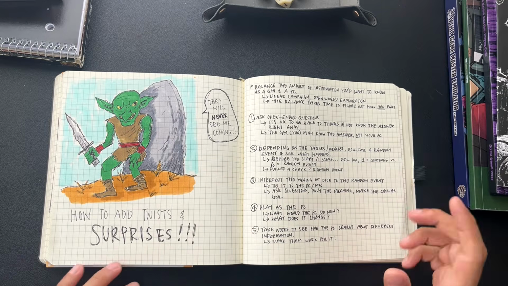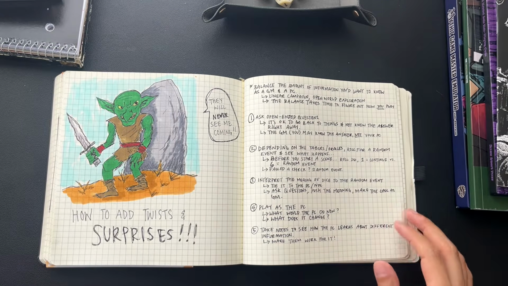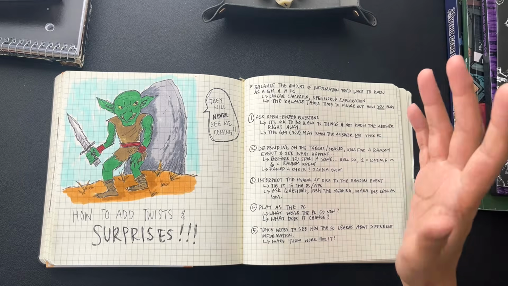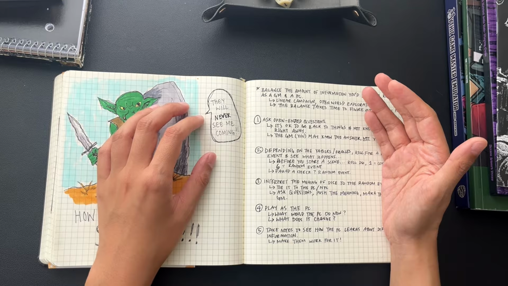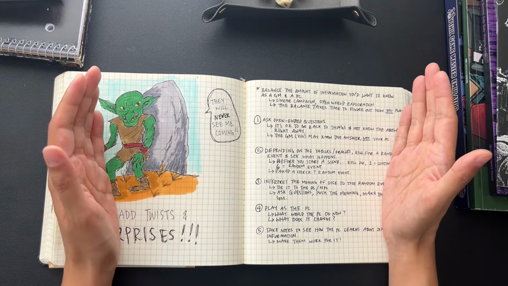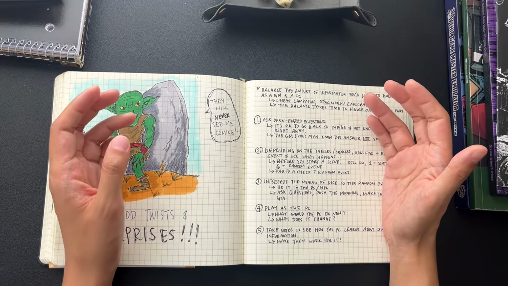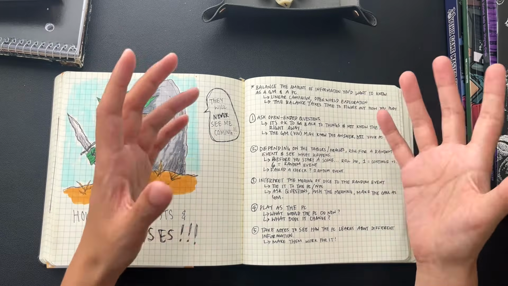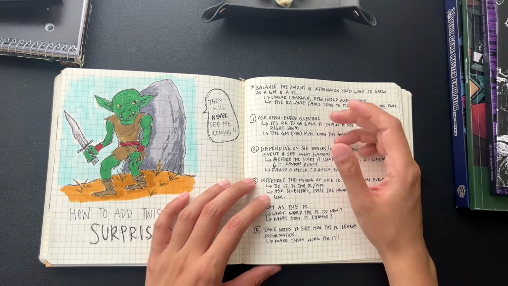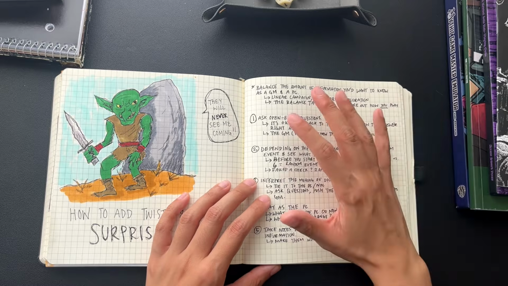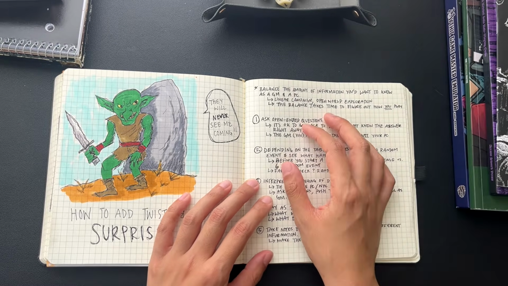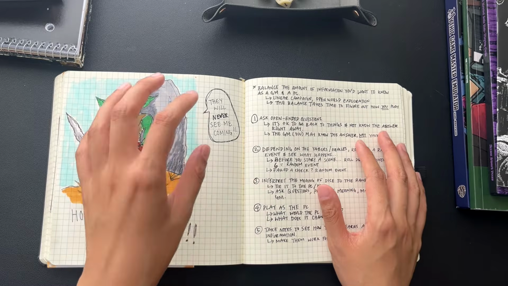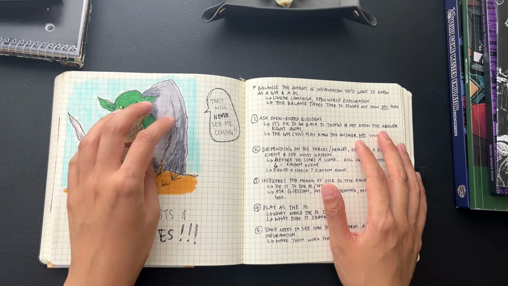All right, and then lastly, for number 5, take notes and see how the PC learns about different information. So I think it's really important, at least how I like to role play my characters, for them to work hard to find that information that you know as a GM.